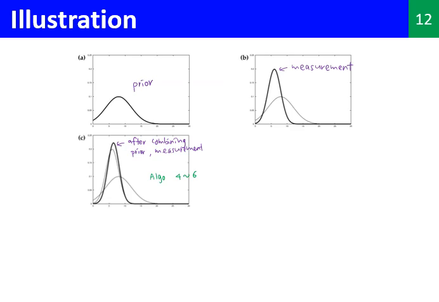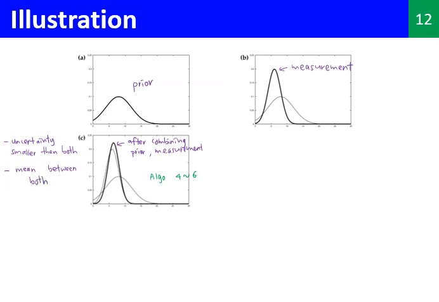Let me write that: the uncertainty is smaller than both. The second thing we notice is that the mean of the result is in between the means of both input Gaussians. So the mean is in between both.